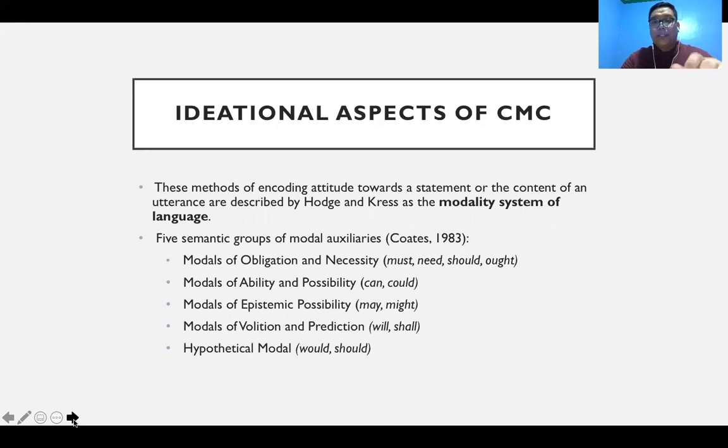So again, you might want to explore these modals because they tell you about the ideas present in the discourses. And it also tells us whether it is necessary, it is possible, it can be predicted, or it's just hypothetical in nature. So semantics gets better understood by identifying these modalities.